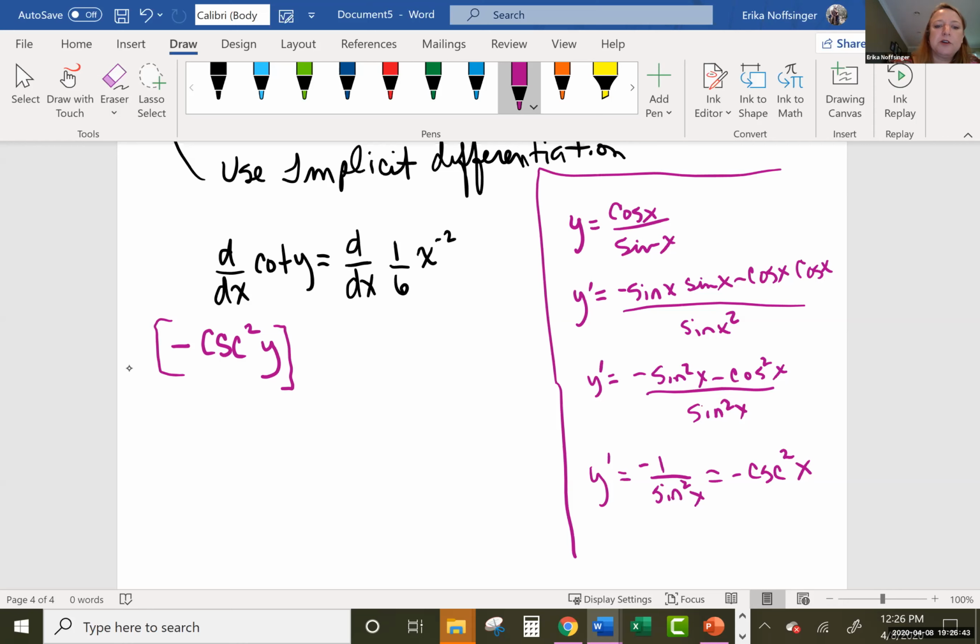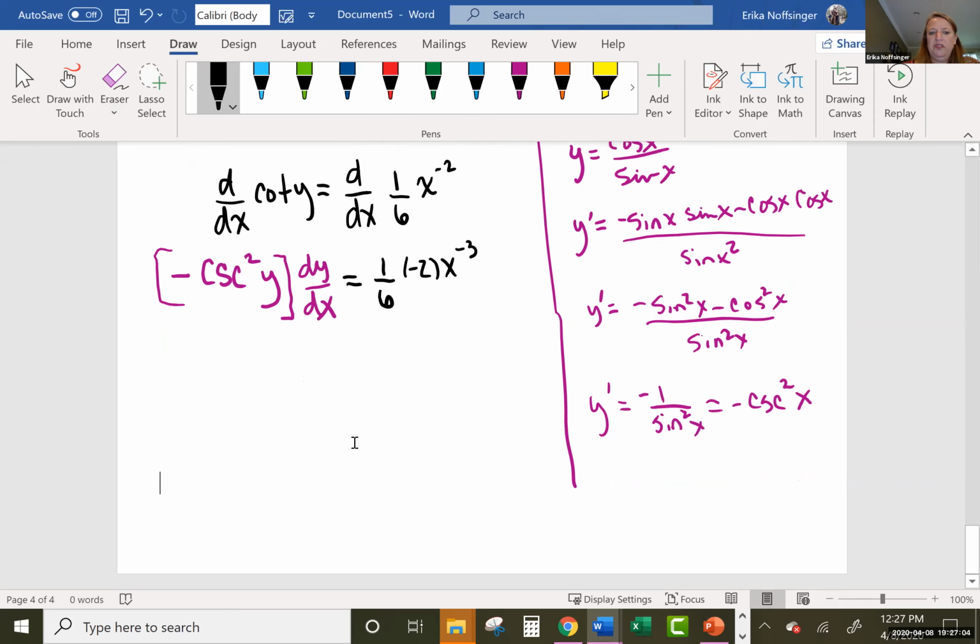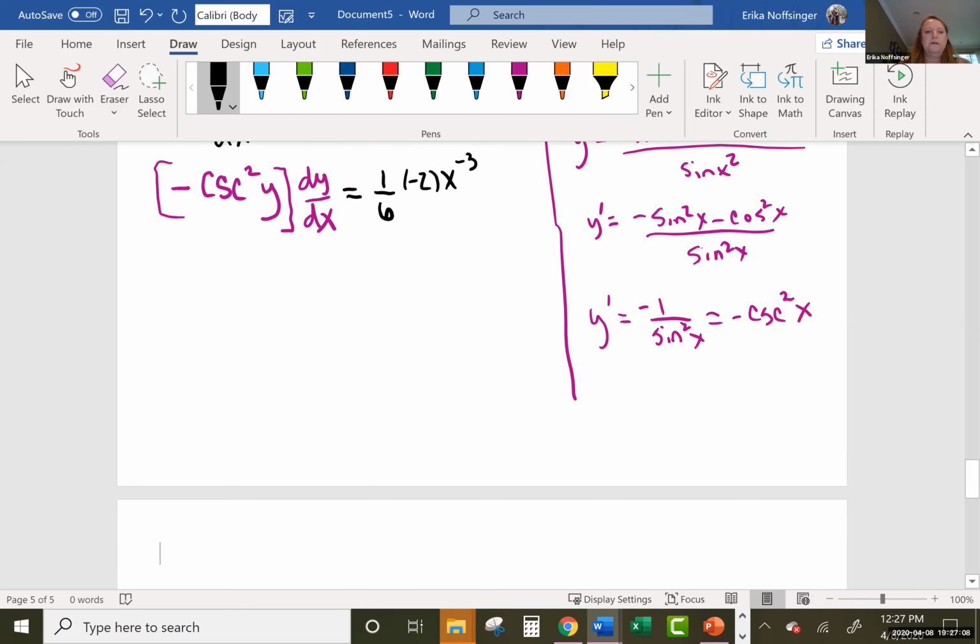So we have to multiply by dy dx, is equal to, so I'm going to just keep my 1/6 here and take the derivative of x to the -2. Bring my power down front, -2, subtract 1 from my power, so x to the -3. Okay, so almost there. I can get dy dx.